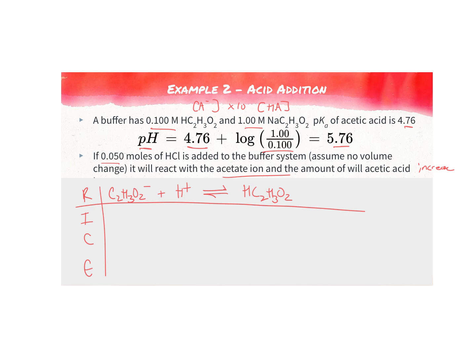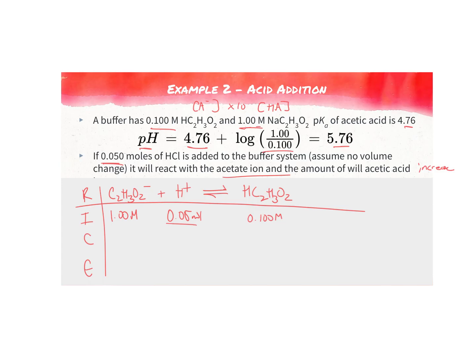We know how much acetate we start off with. We start off with 1 molar. We're assuming no volume change, and so we don't necessarily need to worry about converting to moles and then reconverting into volume. We add 0.05 moles of HCl. And we know that we start with 0.1 molar acetic acid. So we can add that right here.